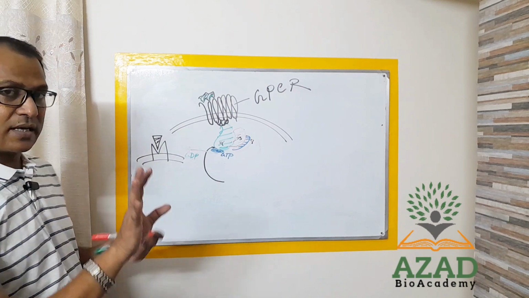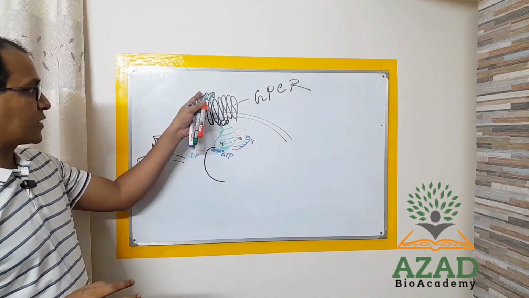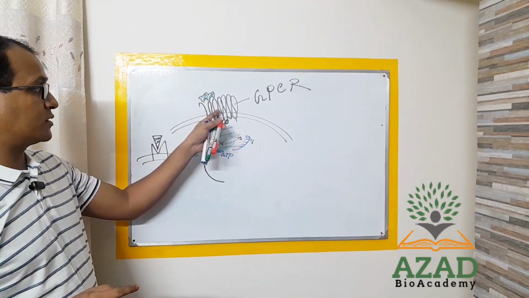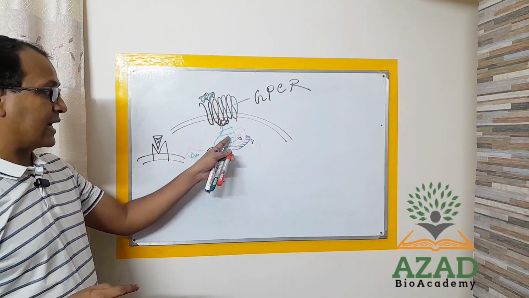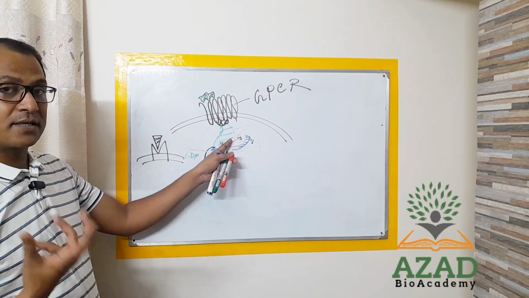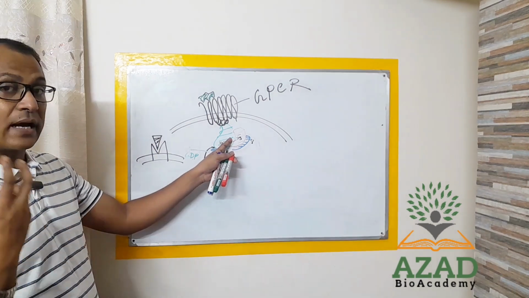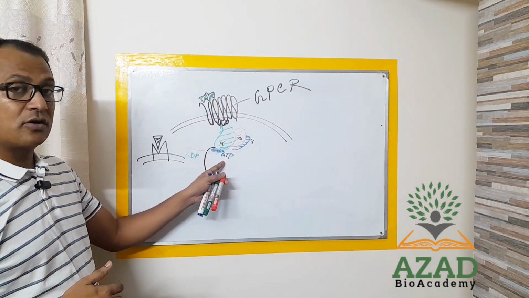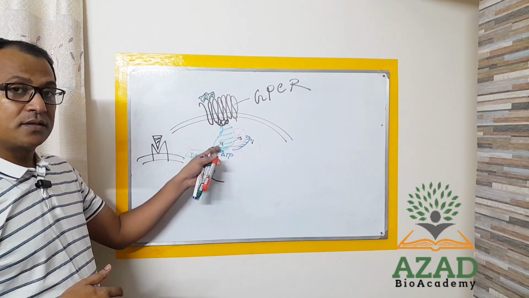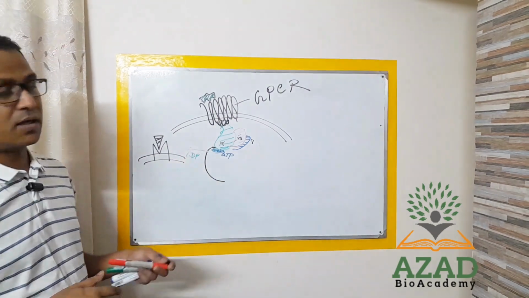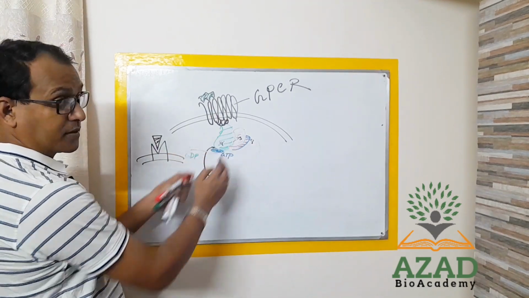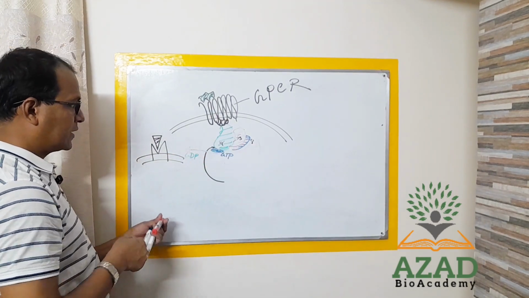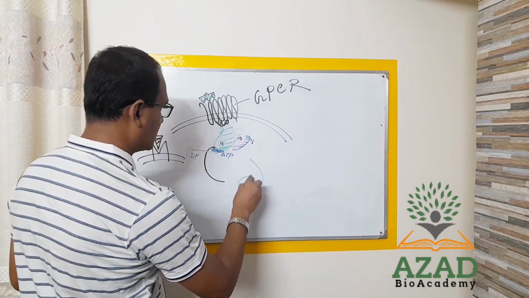That means, in a very sequential way, when the ligand binds with the receptor, the conformation will change and it will activate the G protein. How will it be activated? It will be activated by the exchange of GDP for GTP. When GTP attaches, what will happen? It will be separated.